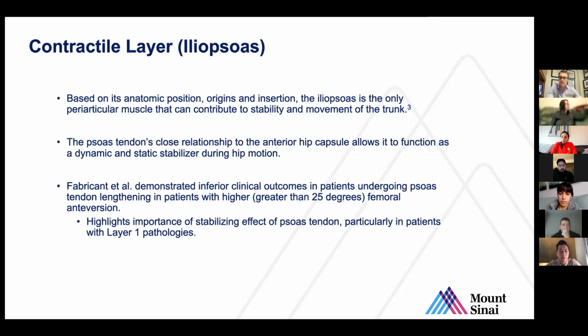The vast majority of lengthenings or releases happening now tend to be in patients who are post-total hip arthroplasty and having some iliopsoas issues. But in a patient, especially one that's borderline dysplastic or a female that's ligamentously lax, the iliopsoas lengthening or tenotomy will almost definitely lead to increased instability. So we're not doing that anymore. It was described and done more commonly previously.